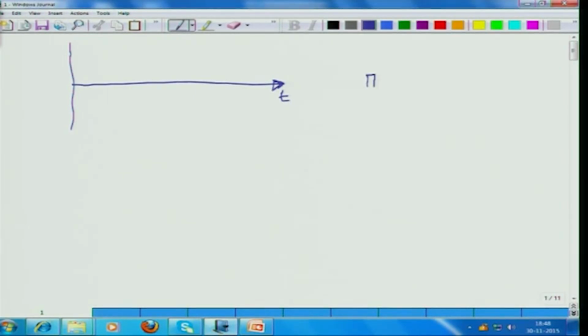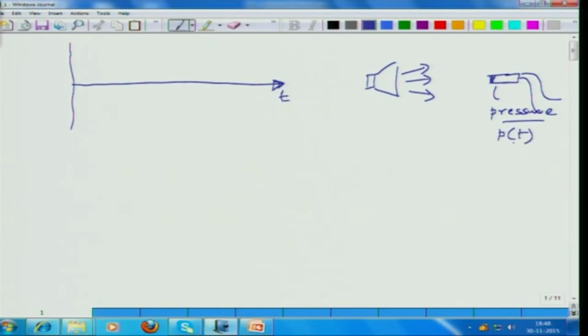Suppose there is a speaker emitting sound, and I have a microphone here, which is measuring pressure fluctuation. It measures pressure as a function of time. So I am plotting P as a function of time, and it may be measuring this.